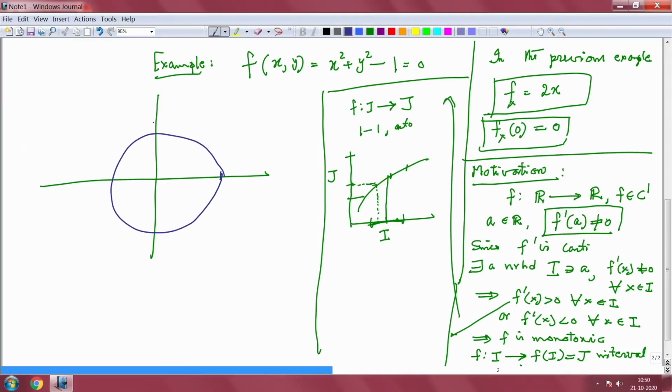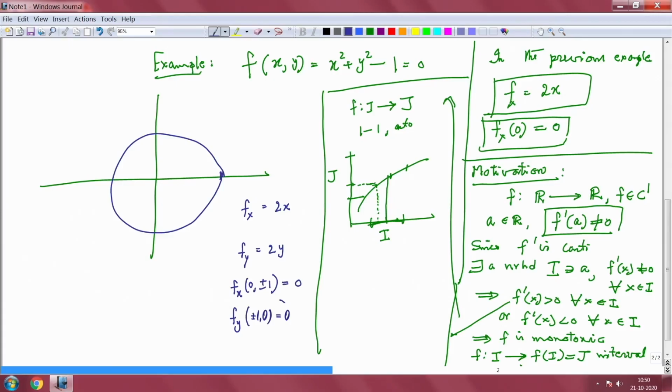And look at here, for this trouble you can immediately look at its derivatives f_x, f_y. f_x is 2x and f_y is 2y, and then the troubling points you can immediately see: if you take (0, ±1), f_x is equal to 0, and if you take f_y at (±1, 0), this is also equal to 0.